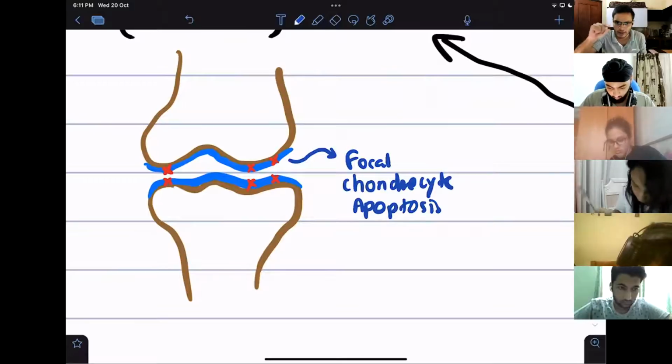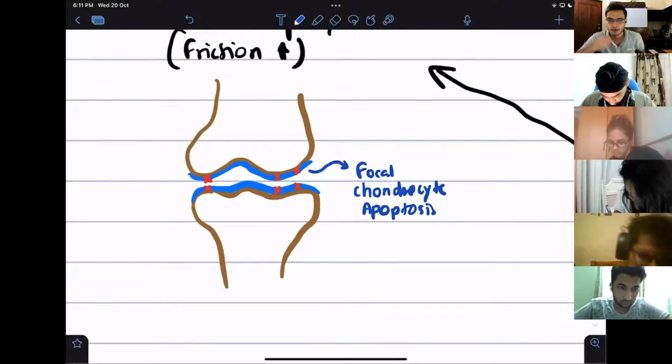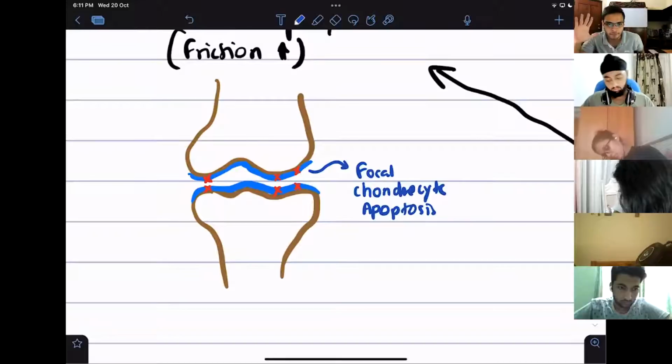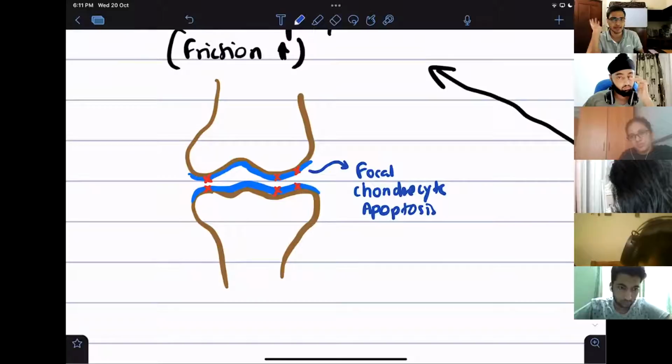The chondrocytes in those focal regions are going to die. So there is further thinning, and those areas are going to be completely devoid of chondrocytes. Focal chondrocyte apoptosis.